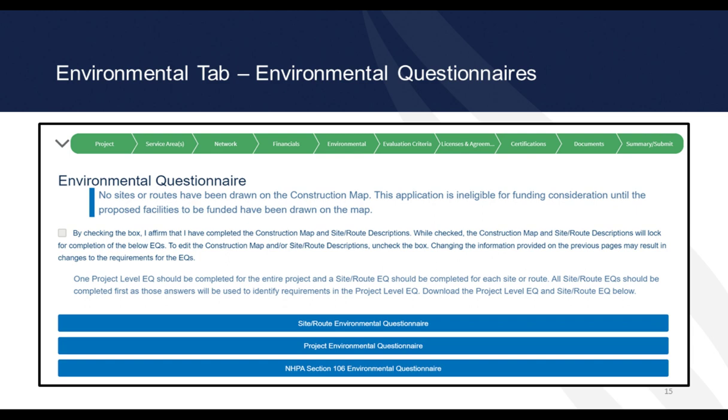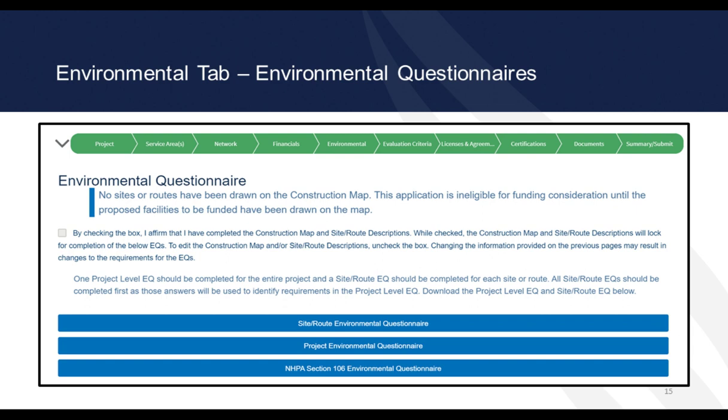Only after the sites and routes have been drawn on the construction map is an applicant ready to complete the environmental questionnaires, or EQ. EQs are downloadable, fillable PDF forms that applicants will fill out and upload to the ReConnect application system. You must complete up to 3 types of EQs.